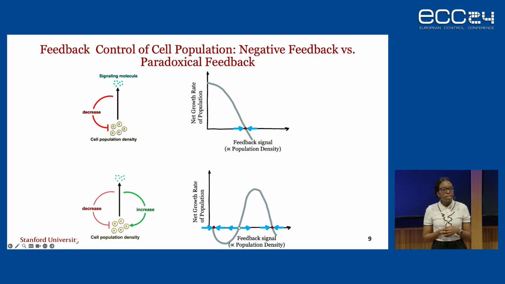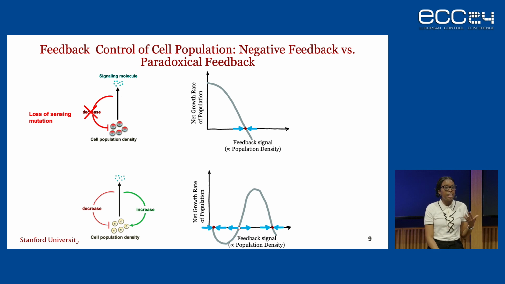An advantage of having bistable population dynamics for the paradoxical case is that it can be more robust to mutations in sensing. Kind of a quick thought experiment. Let's say that we had this mutation where in the negative feedback case, cells could no longer sense anything. Before, they were sensing a signal, and that signal was activating mechanisms to allow them to die.